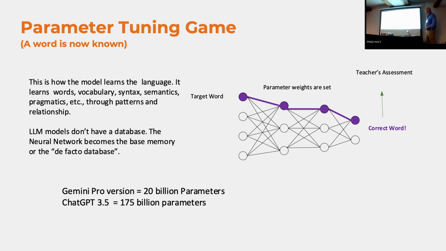And so you see Gemini Pro version has 20 billion parameters. And Google's taking a different path than ChatGPT or OpenAI. They're taking a more measured approach. I don't know if anybody in here has used Gemini. Yeah, it frustrates the hell out of me sometimes. It requires you to be more precise, right?